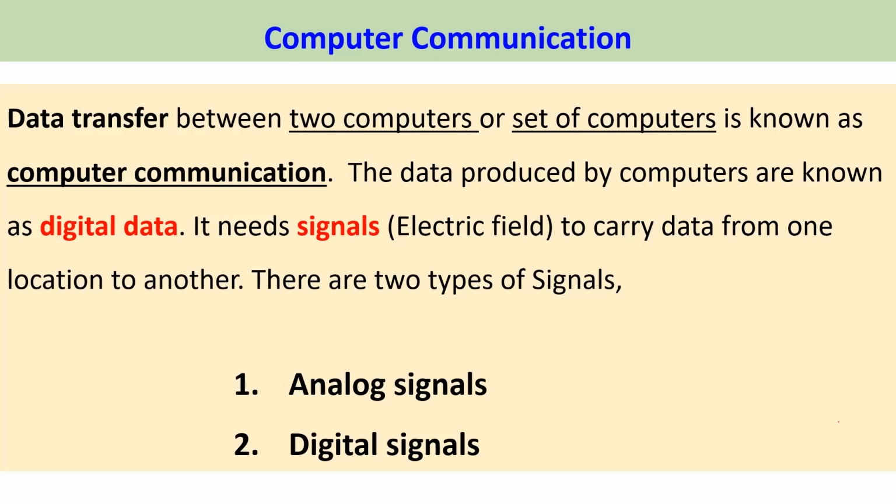This digital data travels from one location to another in the form of signals. A signal means electric field. When we discuss signals, there are two types, analog and digital signals.